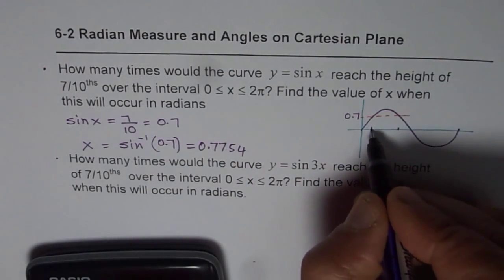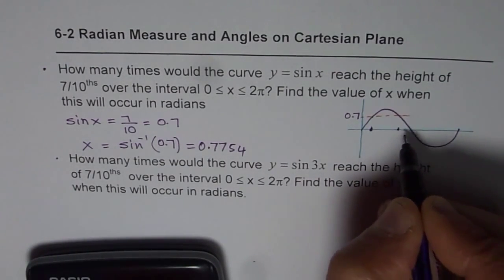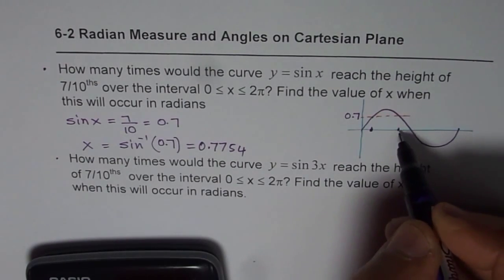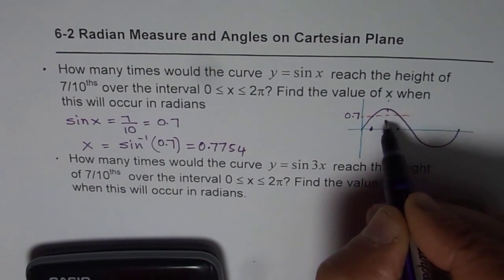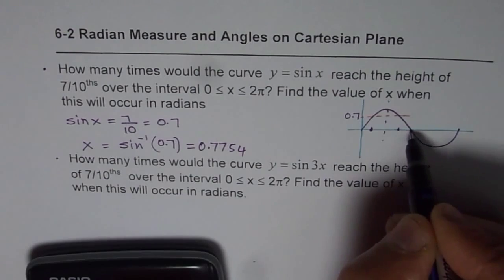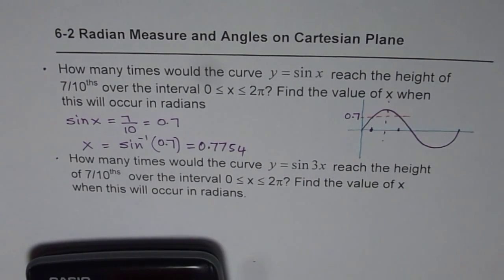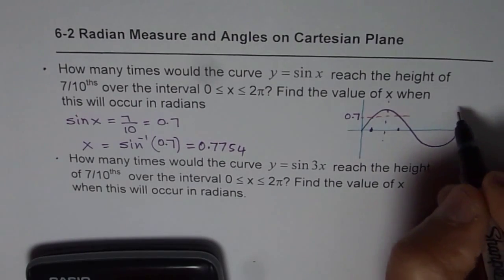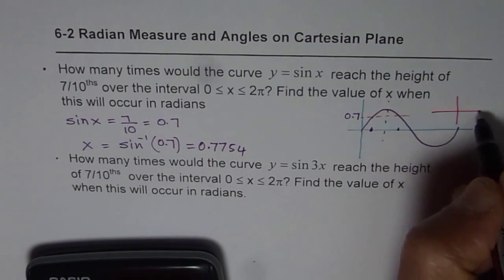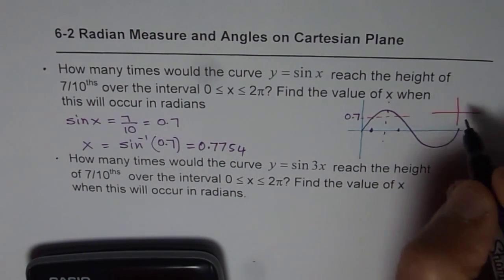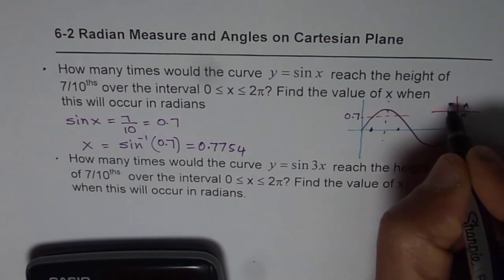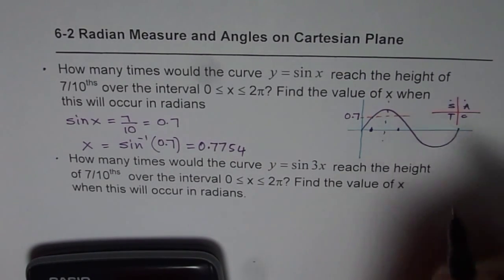So that gives us the first value. How do you get the second value? Now, the second value is from the symmetry, same distance from pi, and it is in quadrant 2. So what you need to appreciate at this point is that if we apply the CAST rule, then sine is positive in these two quadrants.